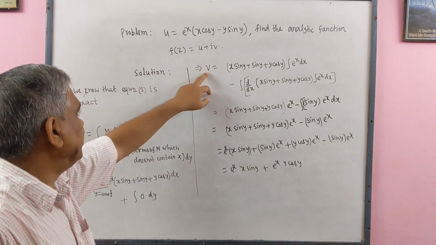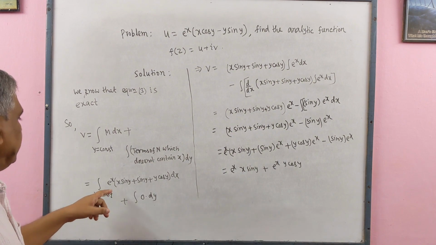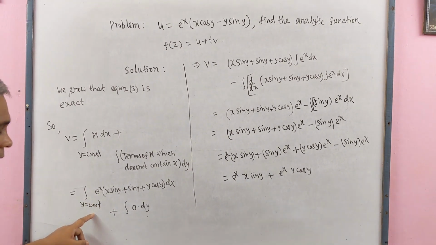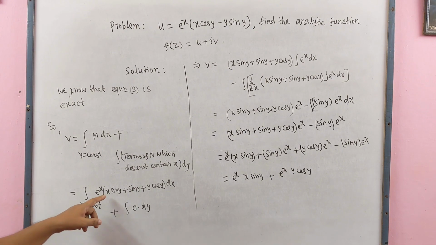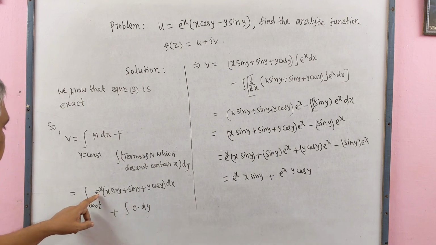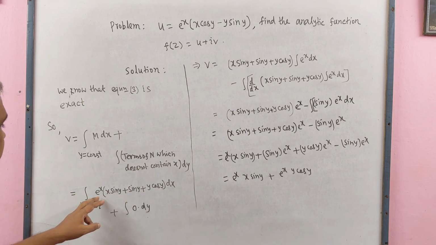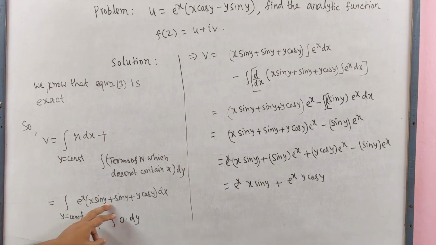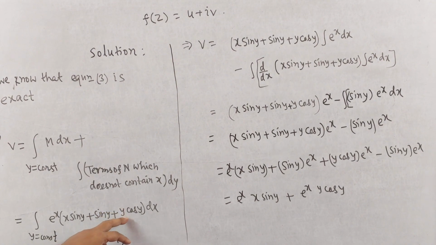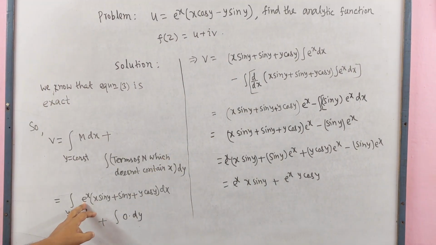This implies that v equals, here we integrate this term taking y as constant. We consider (x sin y plus y cos y) as the first term and e^x as the second term. So integrating by parts: first term times the integration of the second, minus the integration of the differentiation of the first term times the integration of the second term, e^x.